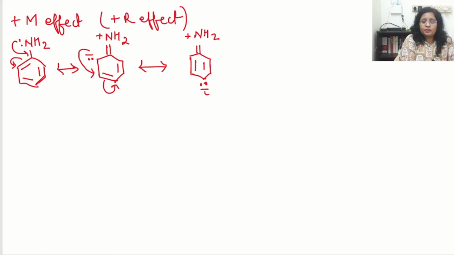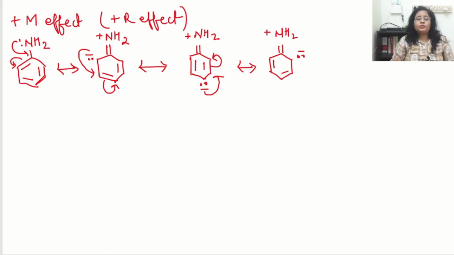This in turn again will jump to this place, and this bond jumps to here. The next resonance structure will be like this, in which one bond is here, negative charge will be here, NH2 is as such having plus charge, and one bond is here. So these four structures are known as the resonance structures of aniline. And this is showing the delocalization of electron due to the plus M effect.